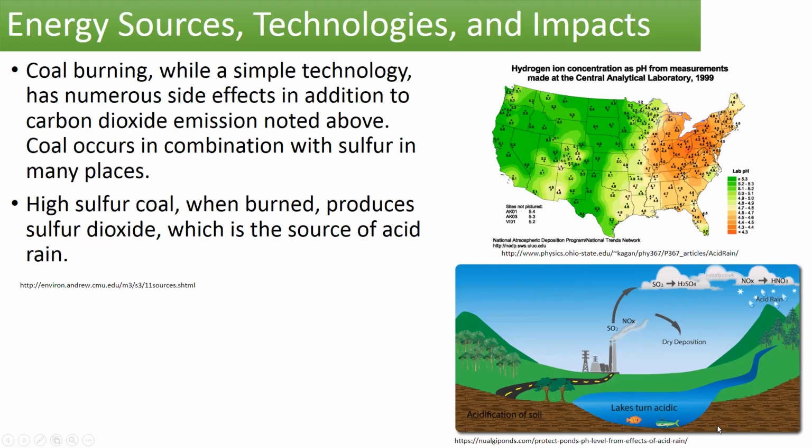In this map on the right side of this slide, you can see that the major areas where the pH in the rain is less than 5 are in the northeast part of the United States. In these areas is where we have more of the coal mines, okay?